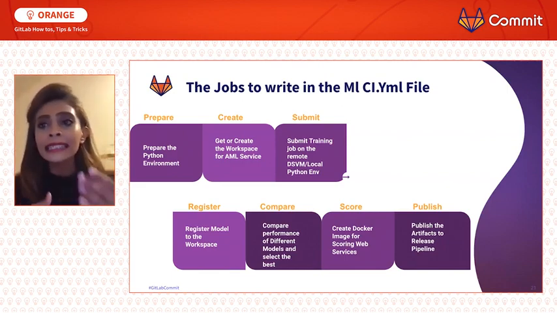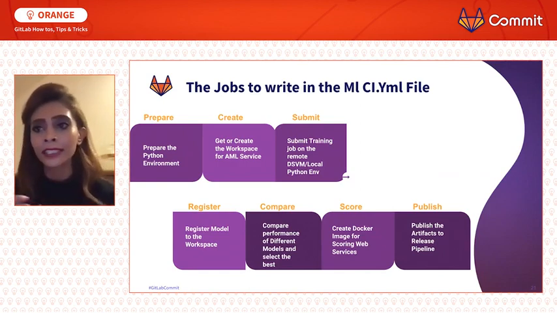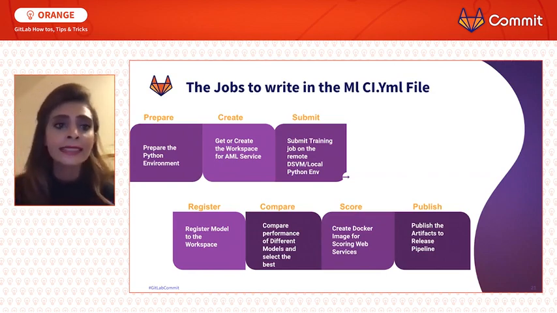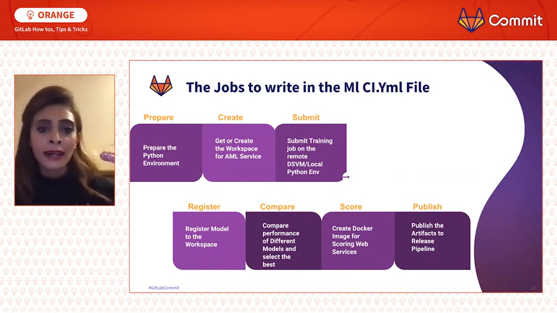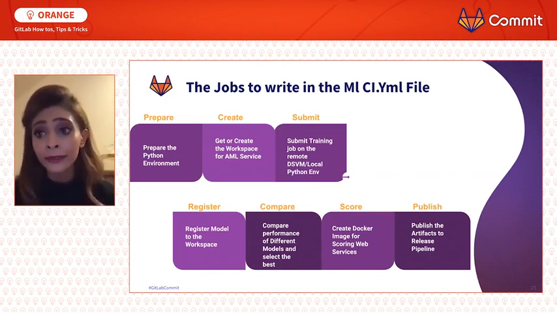Now, writing the CI YAML file for a machine learning model is a little bit different to a traditional Java application or any of the other non-ML CI YAML files. It goes through 7 steps. This is a very generic framework where you first prepare the right environment for the data scientist.